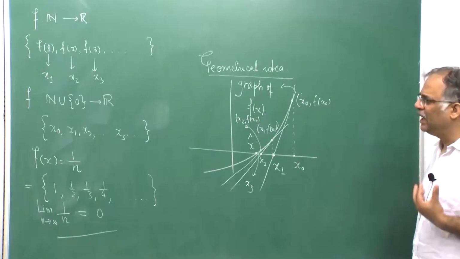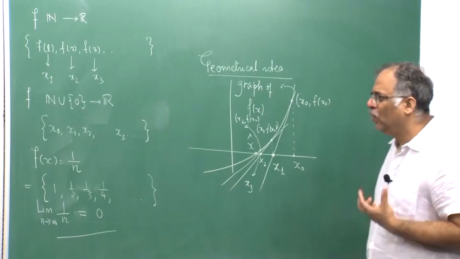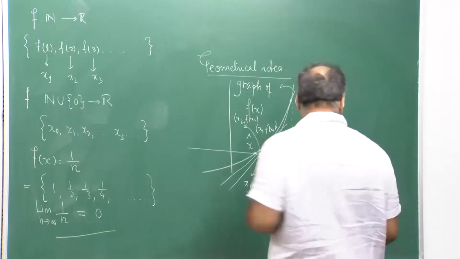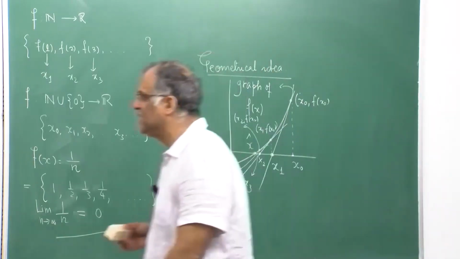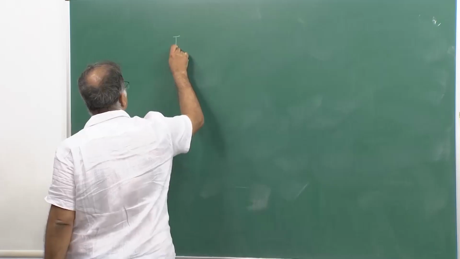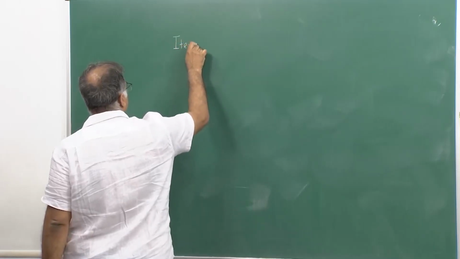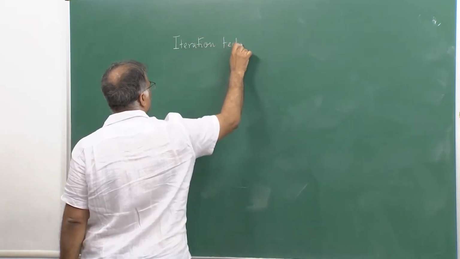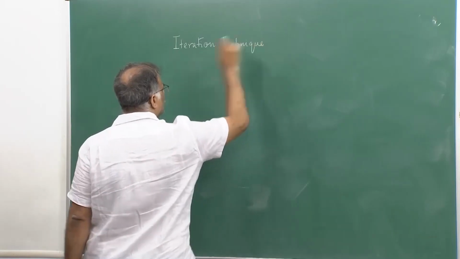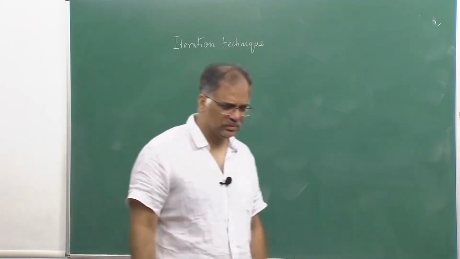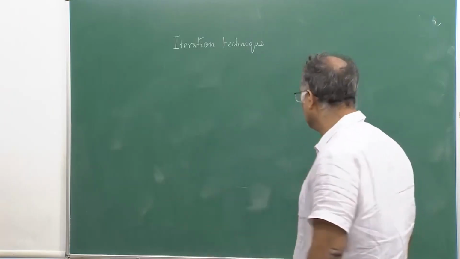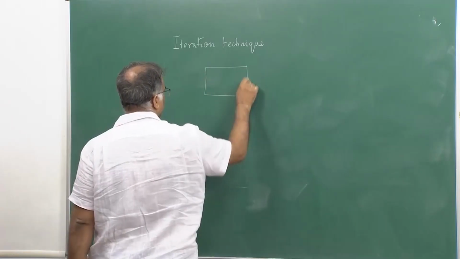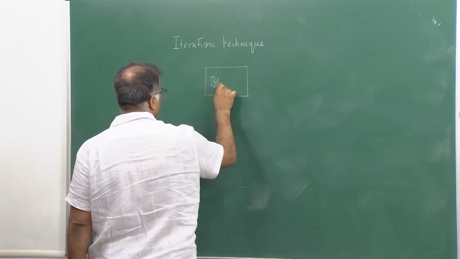So, now I will start explaining to you what is essentially Newton's method. Newton's method is essentially an iterative technique. So, what is an iteration technique? There is some sort of a black box, which is an operator where we do some operation on a given point.